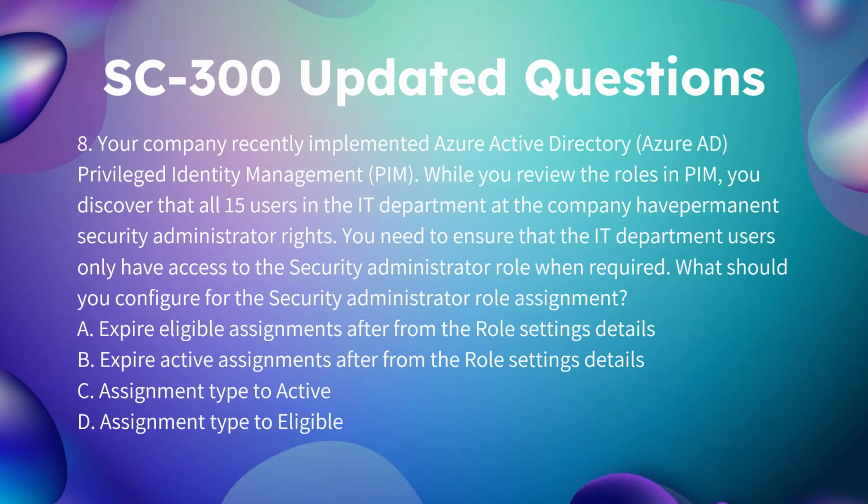What should you configure for the security administrator role assignment? A. Expire eligible assignments after from the role settings details. B. Expire active assignments after from the role settings details. C. Assignment type to active. D. Assignment type to eligible.